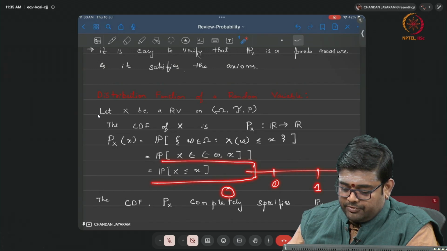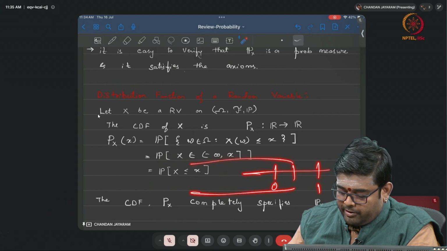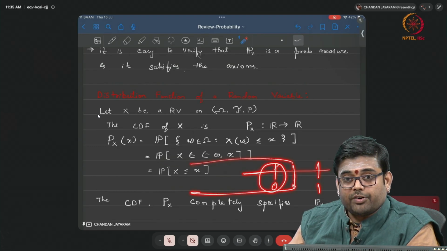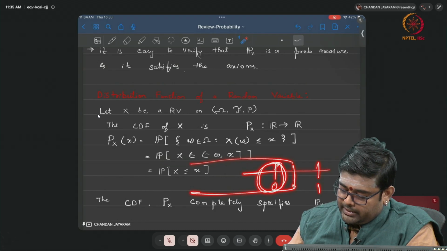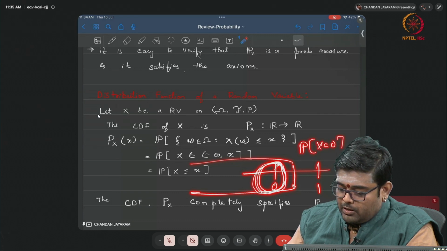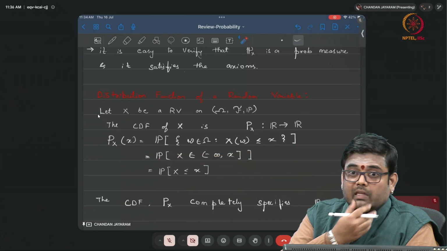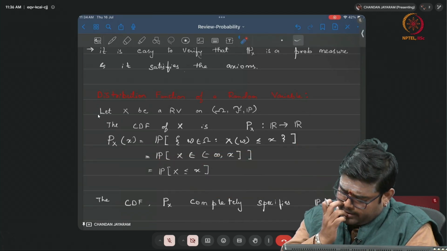If someone asks what is the CDF at 0.5, till 0.5 there is only one point for which I have a valid probability, so the CDF will be the same as the probability of X taking the value 0. From 1 onwards, it will be 1. I think that will be easy for you to visualize with this kind of example.